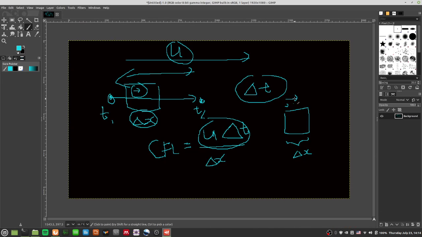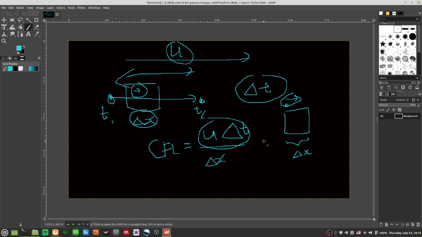Let's think about it this way. The mean Courant number is terribly small, but the maximum Courant number is like a few hundred thousand times bigger. What happens?